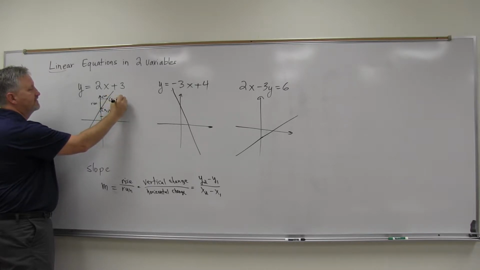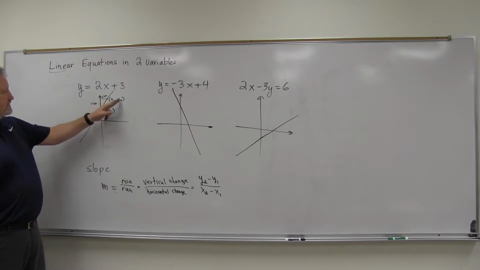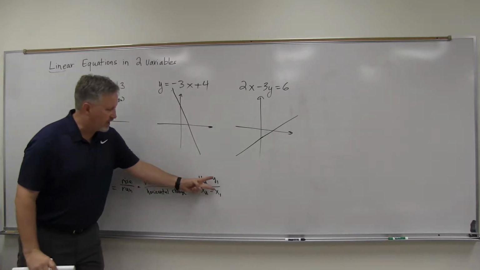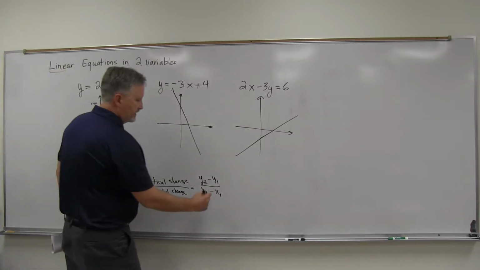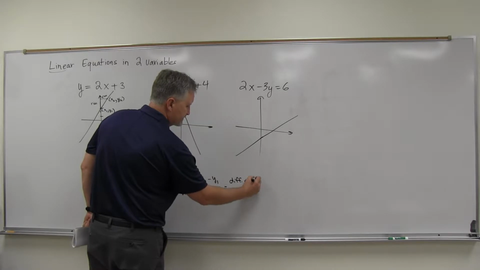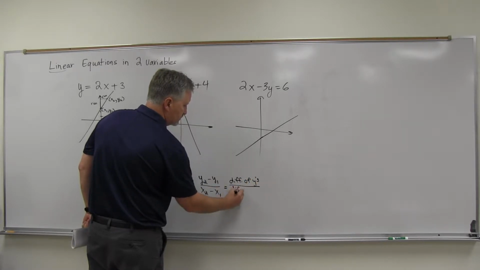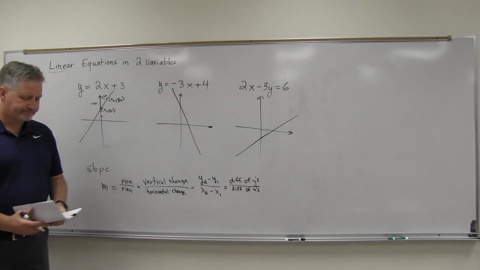The first point's x1, y1, the second point's x2, y2. So you do the difference of the y's over the difference of the x's, and that's another way to remember it. The y's are on top, and the x's are on the bottom.